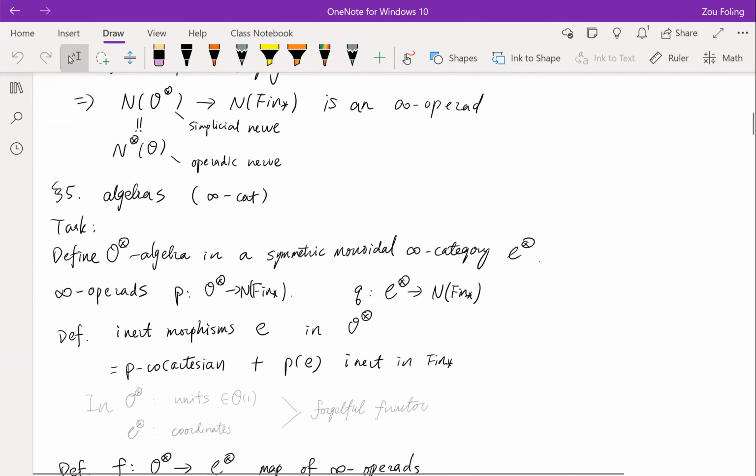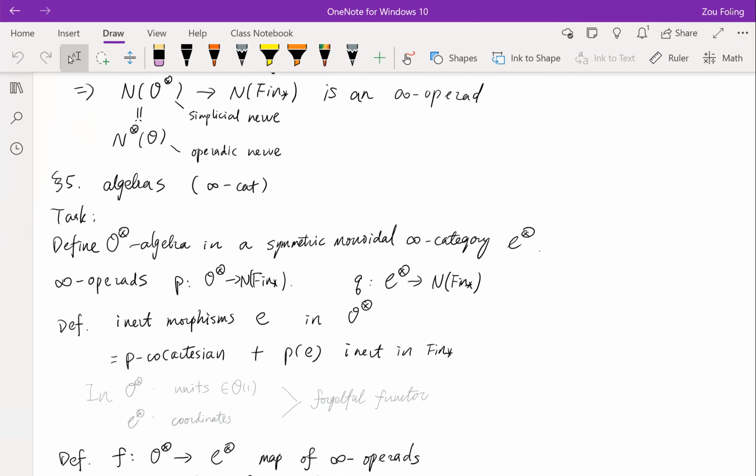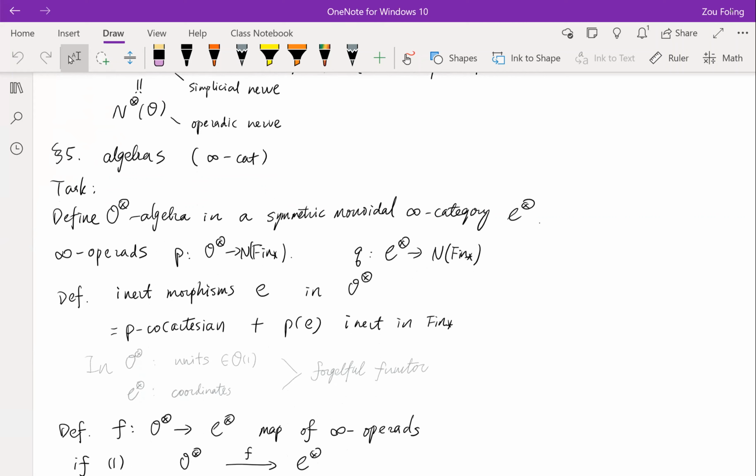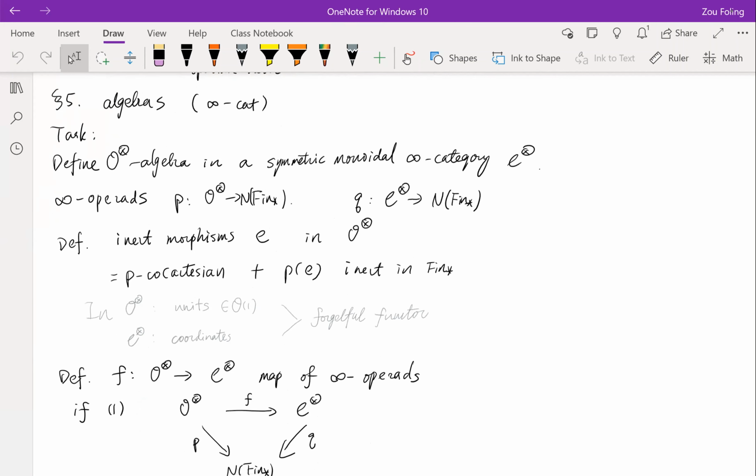All right. Okay, so now I'm going to talk about algebras over an operad in the infinity category setting. The task here is to define an O-algebra in a symmetric monoidal infinity category C⊗. And we are going to do this in a more general setting.